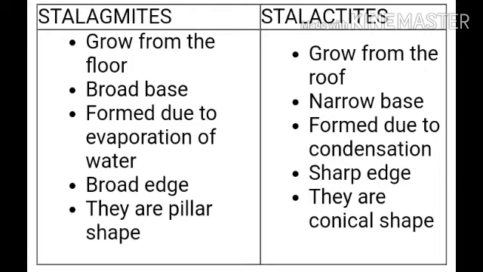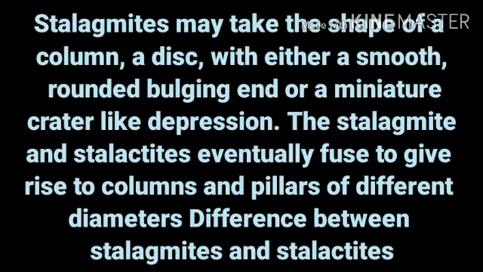If we talk about the stalagmites, these are formed due to evaporation of water. And the stalactites are formed due to condensation. Students, the stalagmites have broad edges, but the stalactites have sharp edges. Students, two more features of the depositional activities by groundwater are columns and pillars.